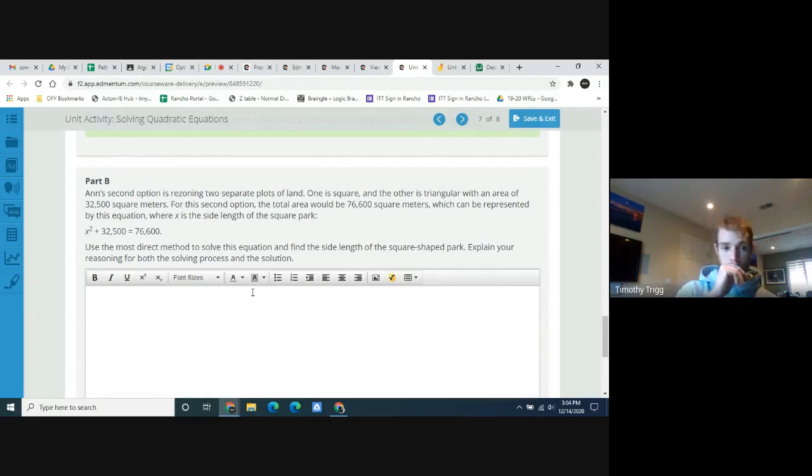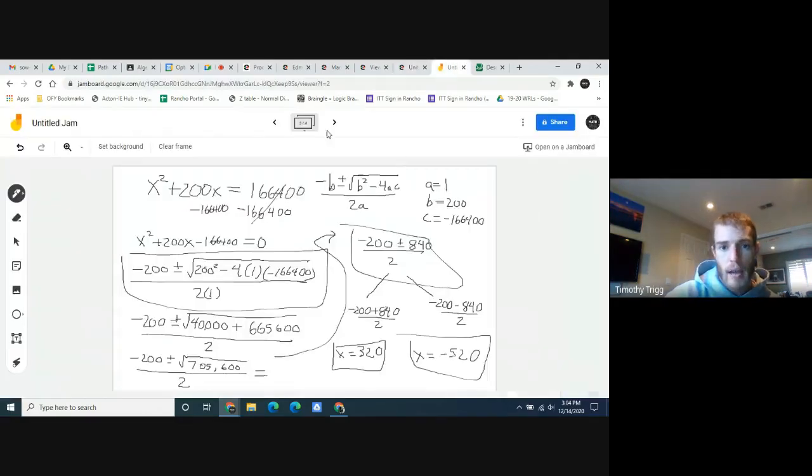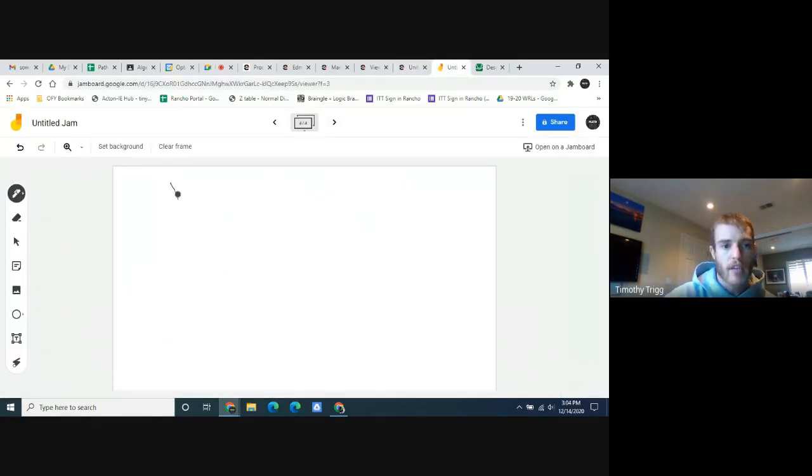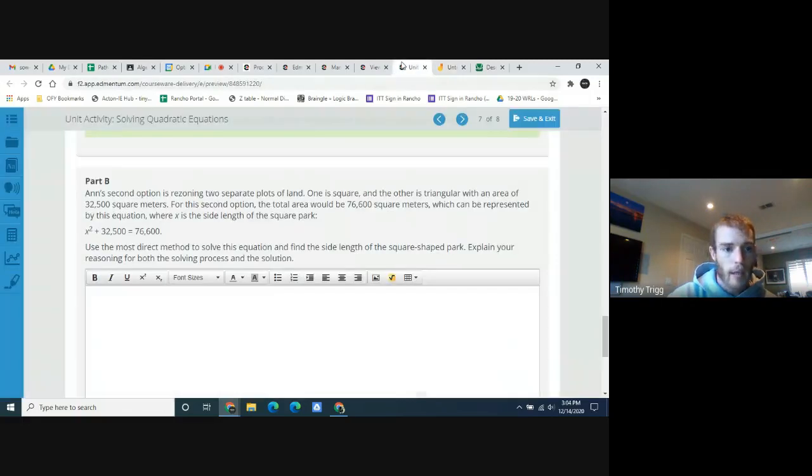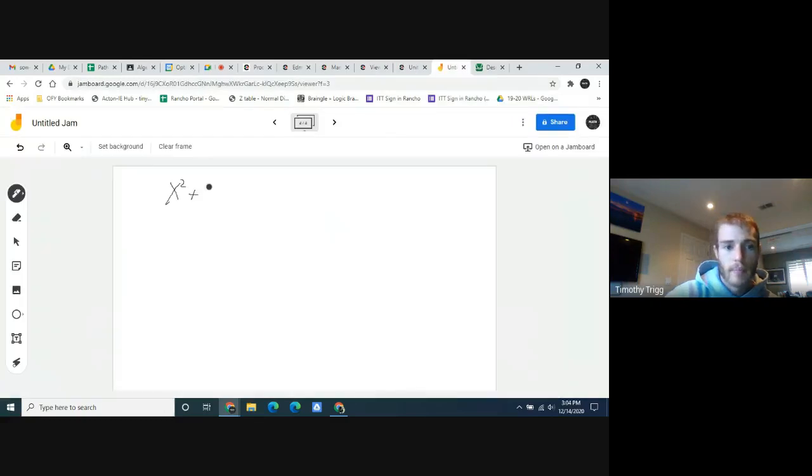So this one's actually easy because you see how it has an x squared term, but it doesn't have an x term? So I'll show you how to do that. So this one was x squared plus 32,500.